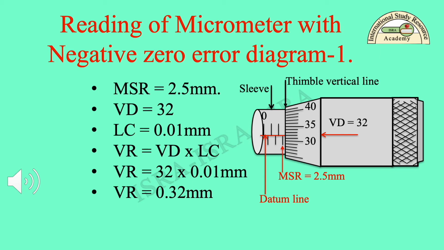Least count LC is equal to 0.01 mm. Vernier reading VR is equal to VD times LC. Substituting the values, vernier reading VR is equal to 32 times 0.01 mm. Therefore, final value of vernier reading VR is equal to 0.32 millimeter.